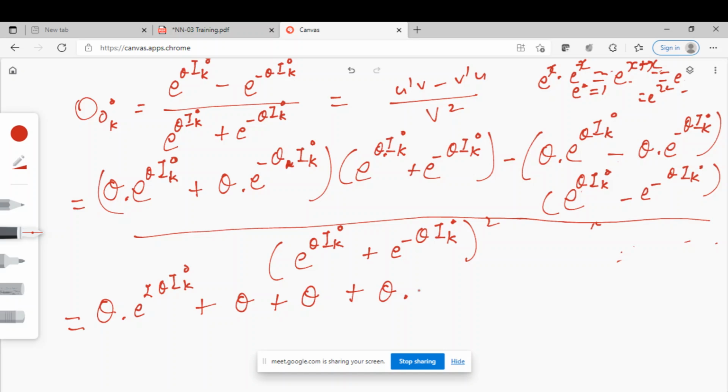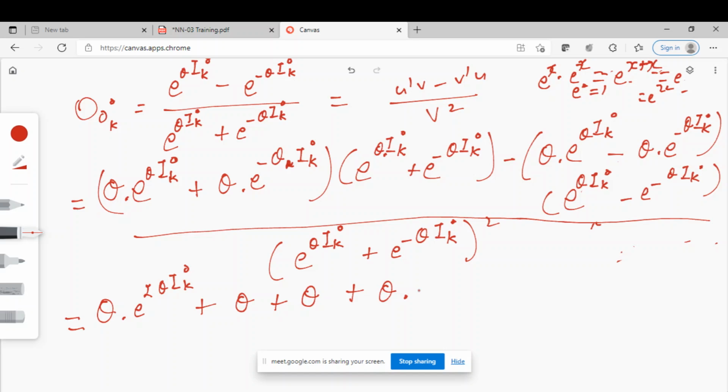So it is plus, right? Plus theta into e to the power minus 2 theta I k o. Okay, fine.